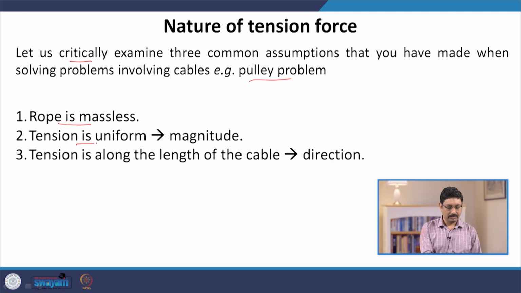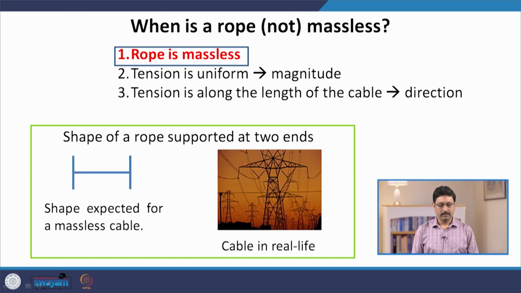Second, you say that this tension force is uniform everywhere along the rope or cable. This is about the magnitude of the tension force. And the third thing is that the direction of the tension is along the length of the cable or the rope. So, let us review these assumptions one by one.